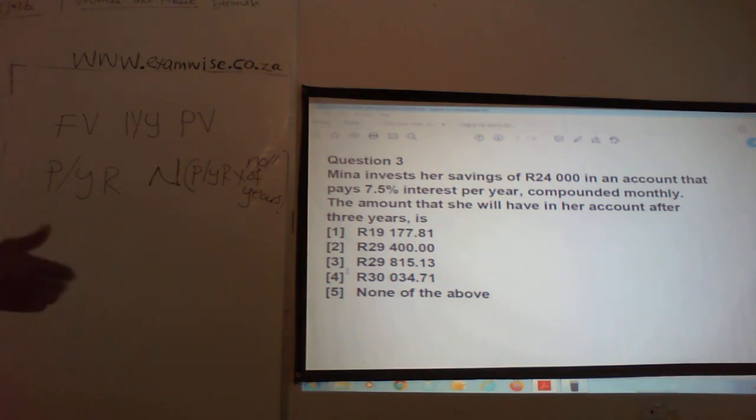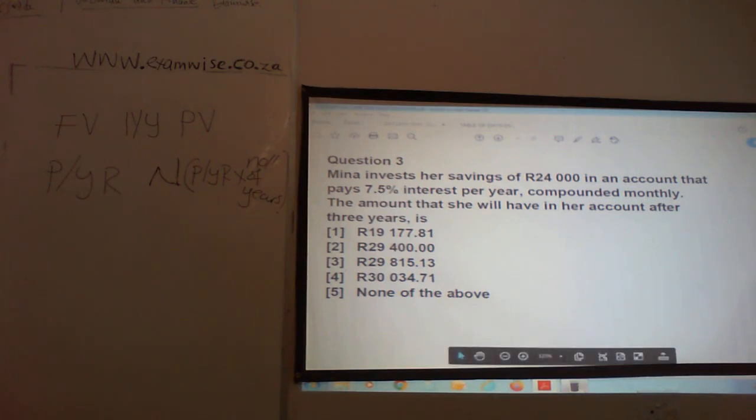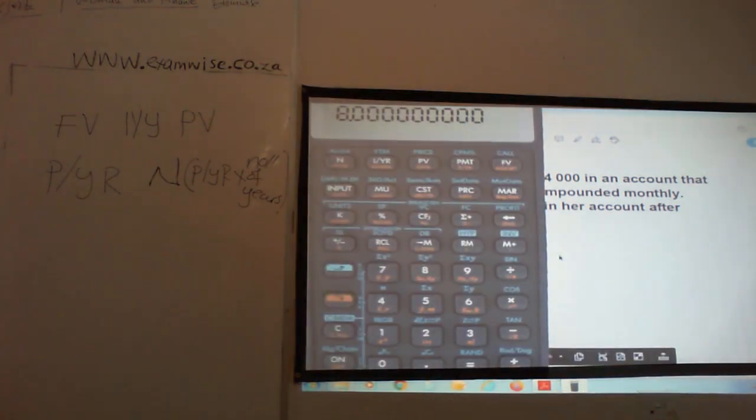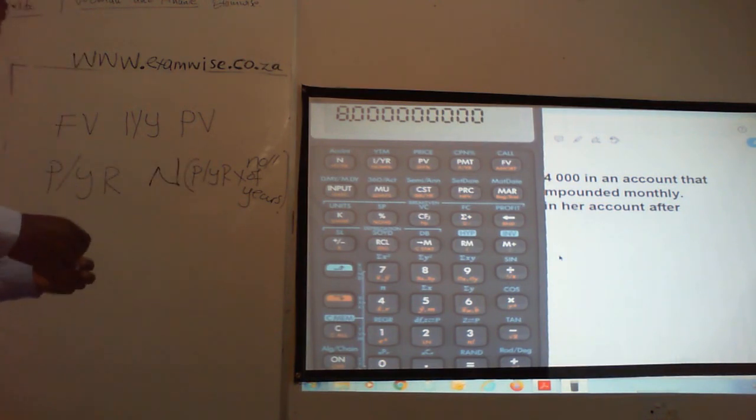And then before we proceed, how do we enter these variables into our financial calculator? Before we start question number 3, let us discuss the HP financial calculator a little bit as well. Here we have future value.